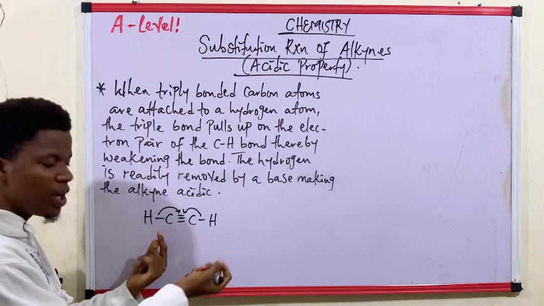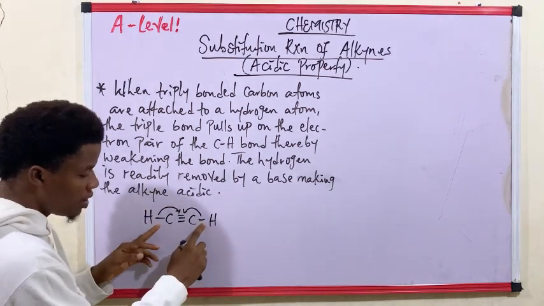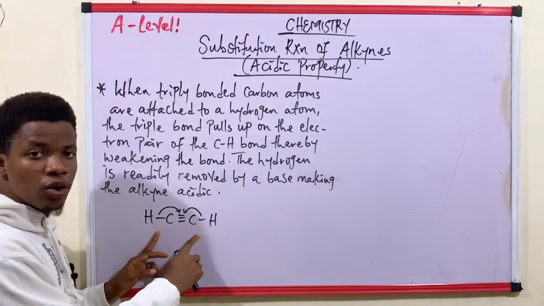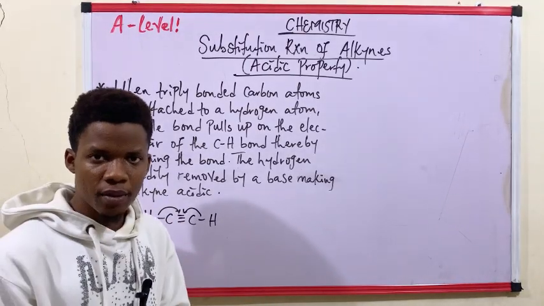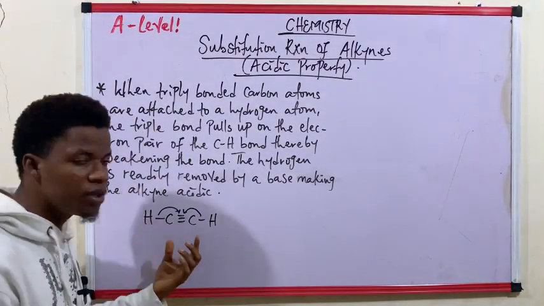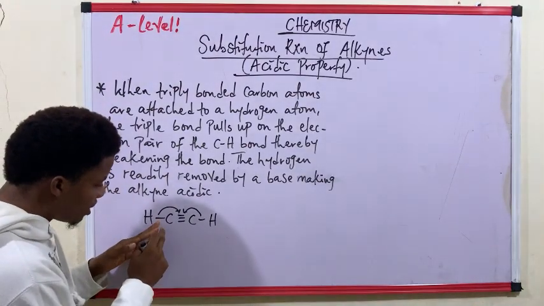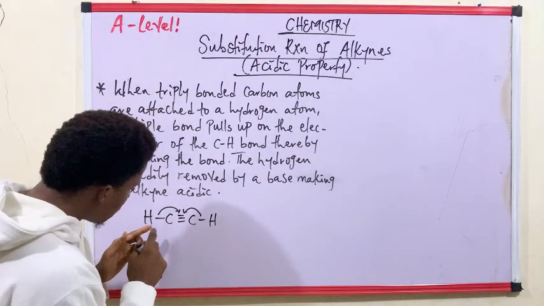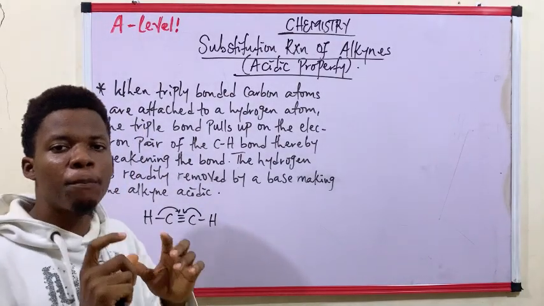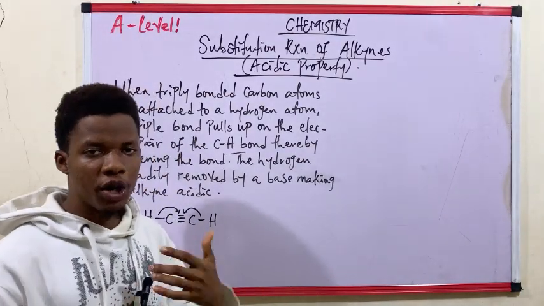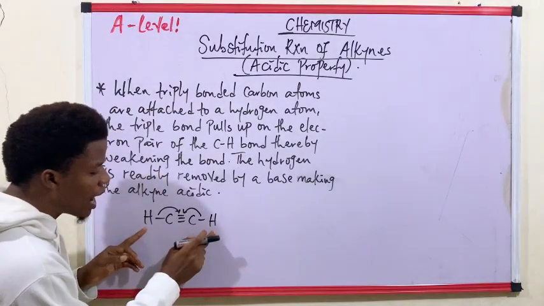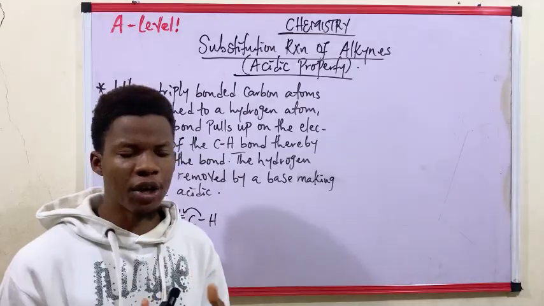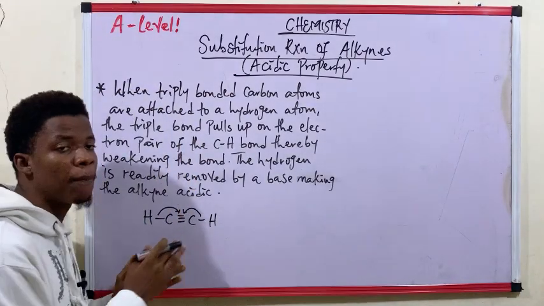Because the triple bond is pulling electrons to itself from these two sides, the bonding around here becomes weak. If the bond here and here becomes weak, it means that these two hydrogens are prone to removal, or in other words, prone to replacement.